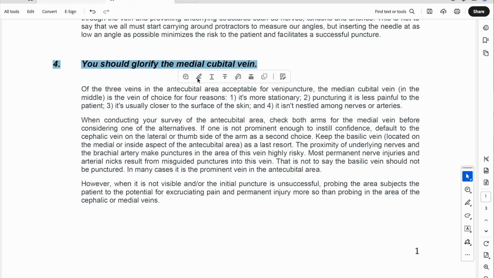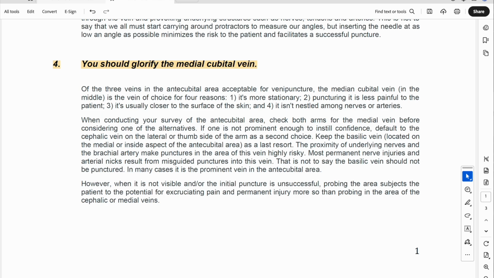Rule number 4. You should glorify the median cubital vein. Of the three primary veins in the antecubital area, the median cubital vein located in the middle should be your first choice. This preference is not arbitrary, it's based on 4 significant advantages.